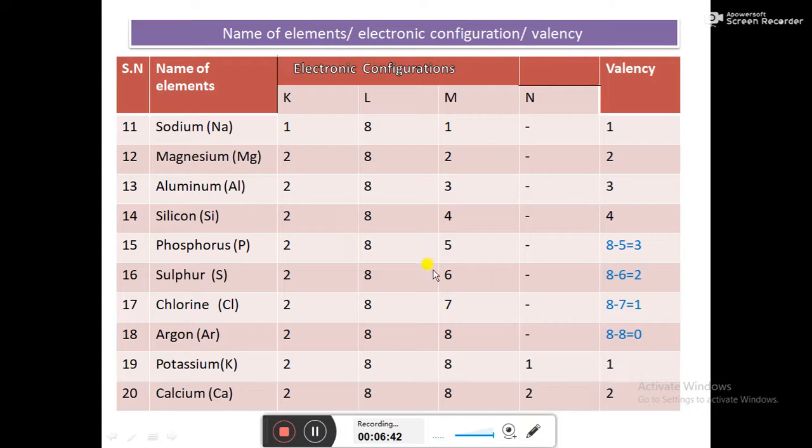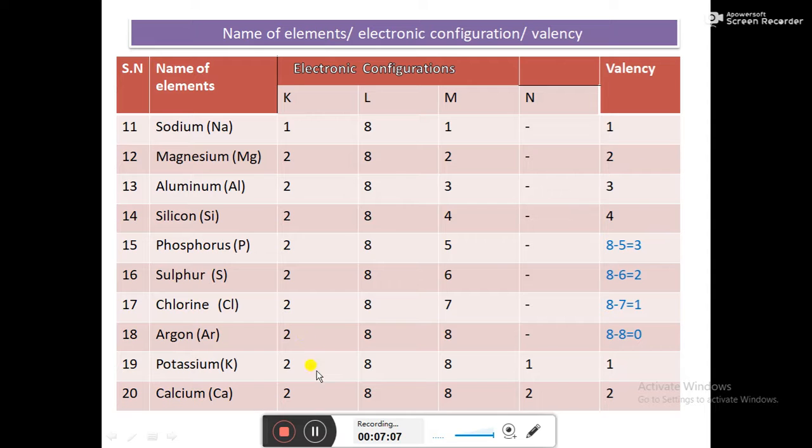Sulfur should gain 2 electrons, so it will also be in the octet state. Phosphorus should gain 3 electrons and it will be in the octet state. And similarly, argon's outermost shell has 8, so it is completely full, and so its valence is 0. So they are stable, non-reactive, not active atoms.